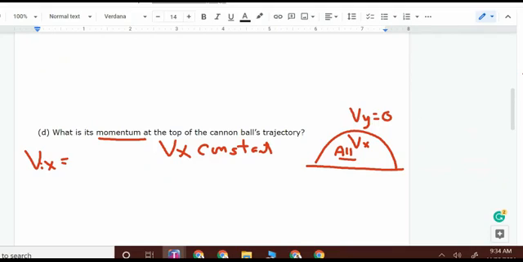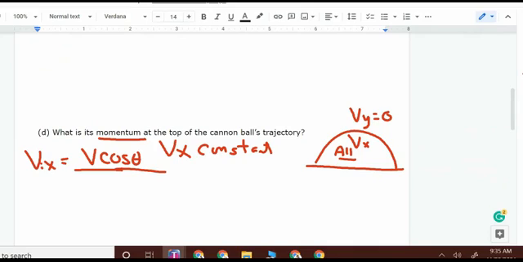We have an initial velocity and an angle. What's the trig function that always gives you x? Is it sine or cosine? This is just a component question.